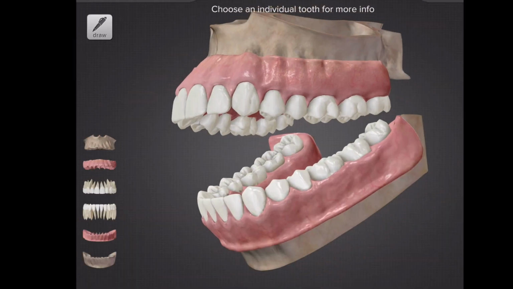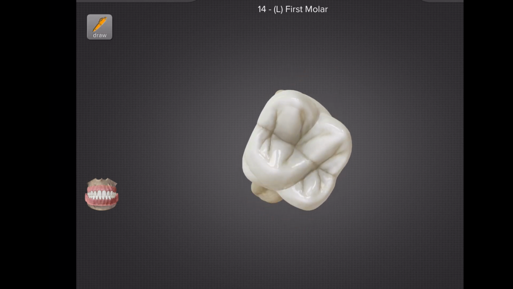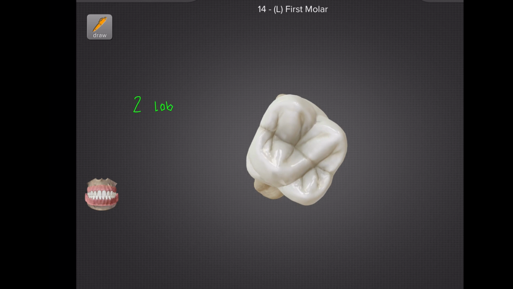For your lobes and cusps, for your molars, first, starting with your maxillary first molars, you have two major facial lobes, which are the mesiobuccal and the distobuccal. So here is your mesiobuccal, and you have your distobuccal.